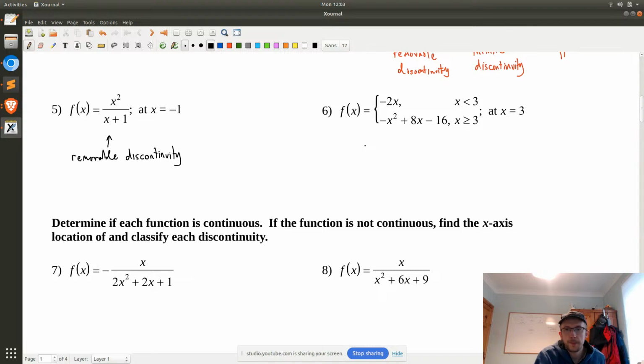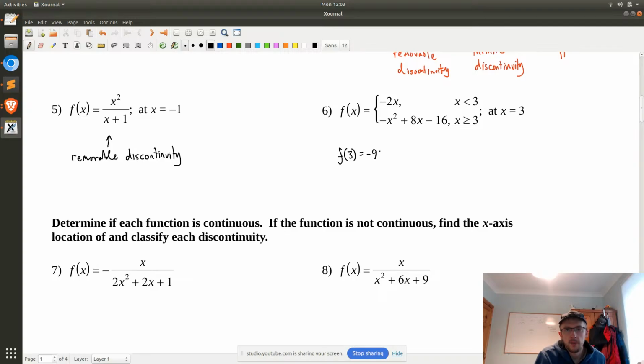And here, if I just simply substitute in 3, I'm obliged to evaluate this piece of the function.